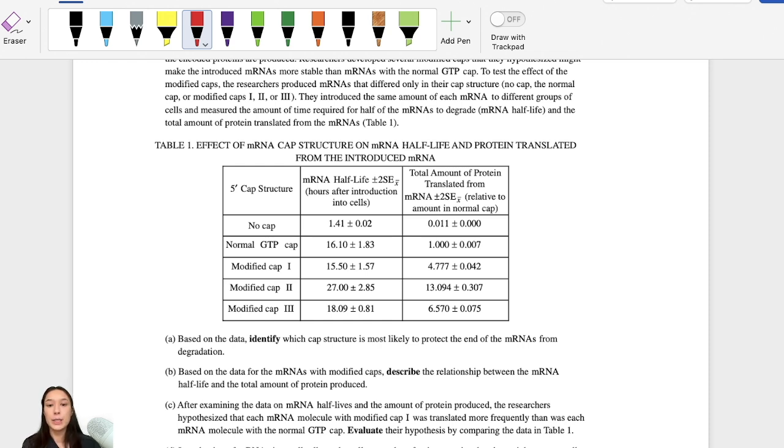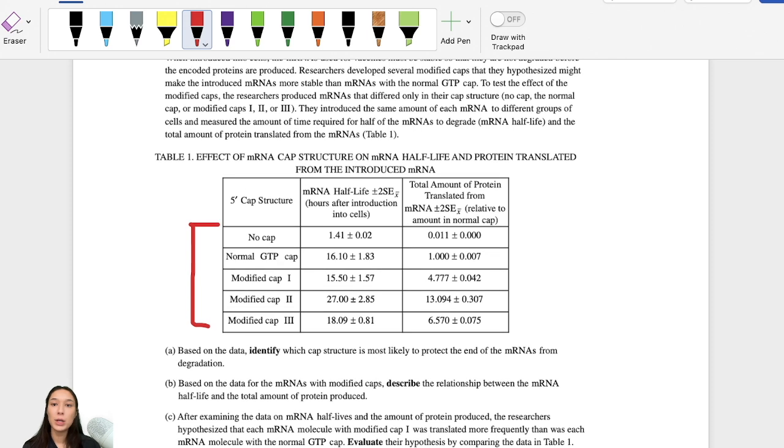Alrighty, so this one says, based on the data, identify which cap structure is most likely to protect the end of the mRNAs from degradation. Okay, so what we're looking at now is which out of these 5 are going to give you the least amount of degradation. Now, the best way to look at that is to look at the mRNA half-life.